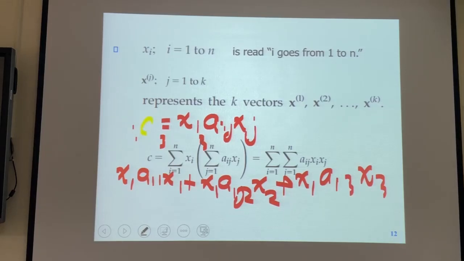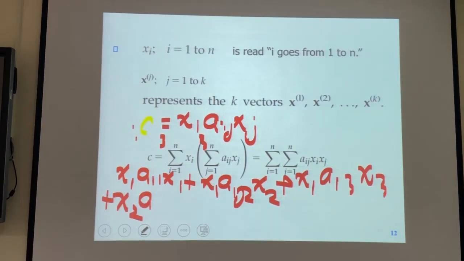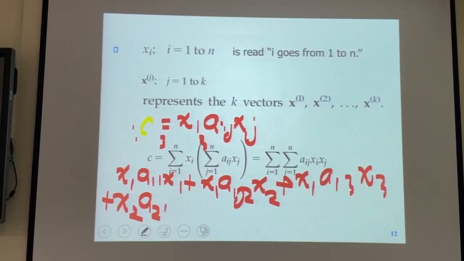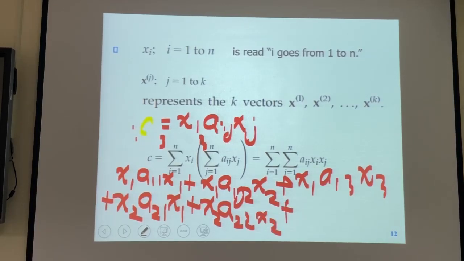Then next we take i equal to 2: x2 A21 x1 plus x2 A22 x2 plus x2 A23 x3.